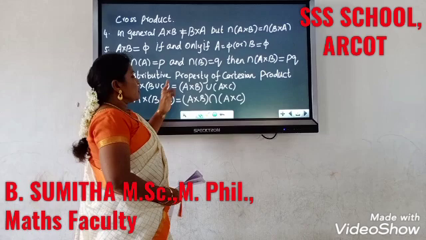And the second, B is equal to {x belongs to W, 0 ≤ x < 2}. W means the whole numbers, which include 0 to infinity. Therefore, B can be written as {0, 1}, because x lies from 0 and is less than 2. Therefore, the value of B is equal to {0, 1}.